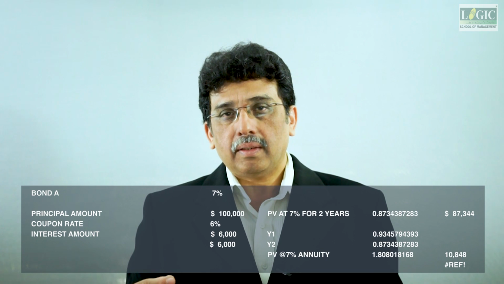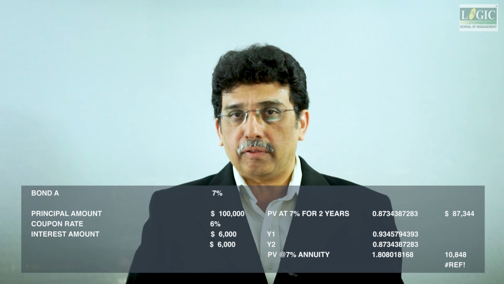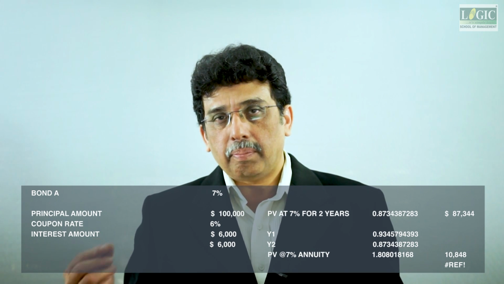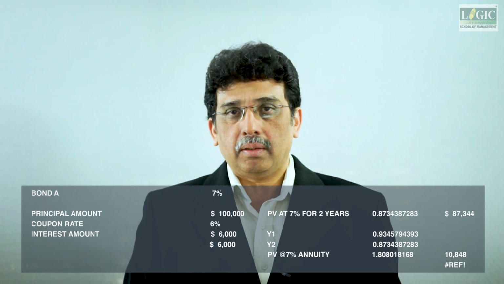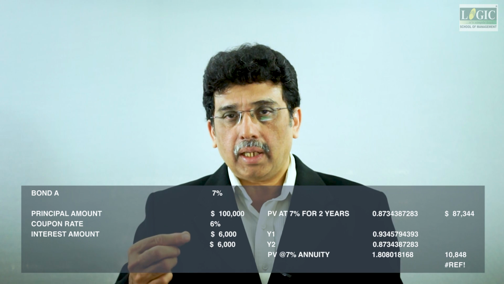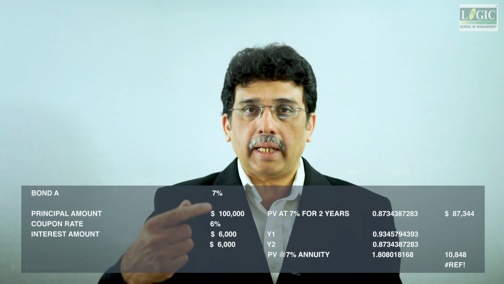So that multiplied by the sum of the present value of the 2 years will give us the present value of an annuity, that is $1 received every year for 2 years and discounted at 7%.